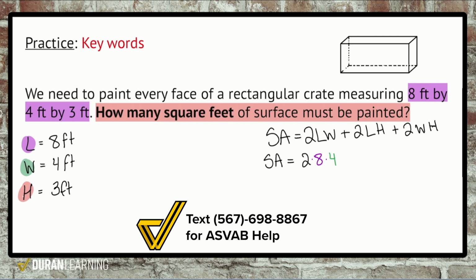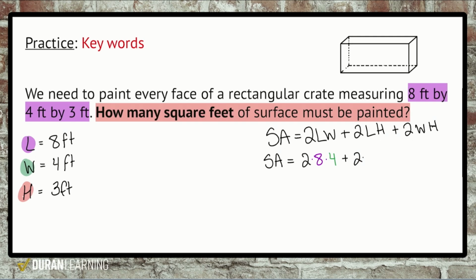Then we'll continue adding twice the length, again 8, times the height, which is 3, and then adding twice the width, which is 4, times the height, which is 3. And there we go. Before I continue, can y'all double check that I plugged everything in correctly before I move forward with a mistake?